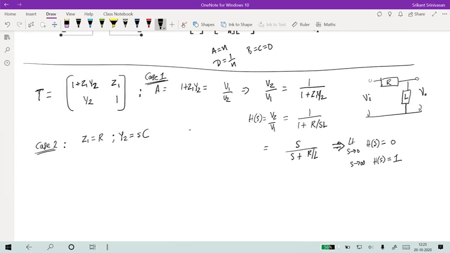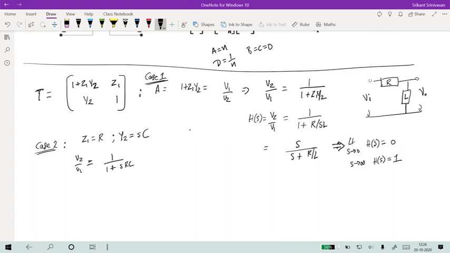Because if I use a capacitor, then the admittance is just SC. And therefore, in this case, V2 by V1 would be 1 over 1 plus S into RC, right?